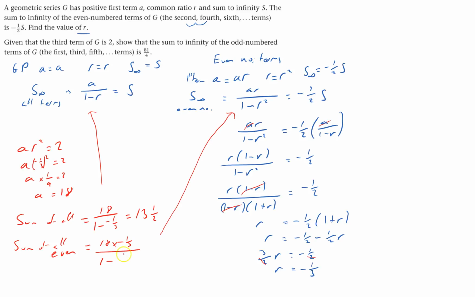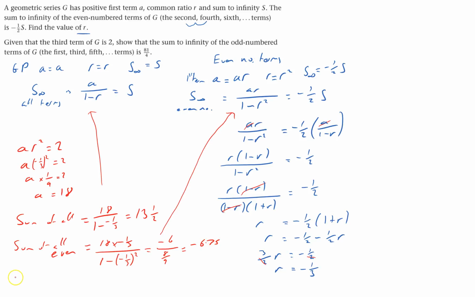So minus R, which is minus 1/3 squared. And that equals 18 times minus 1/3, which is minus 6, over 1 minus, this will be positive 1/9, so that'll be 8/9, and that is minus 6.75.